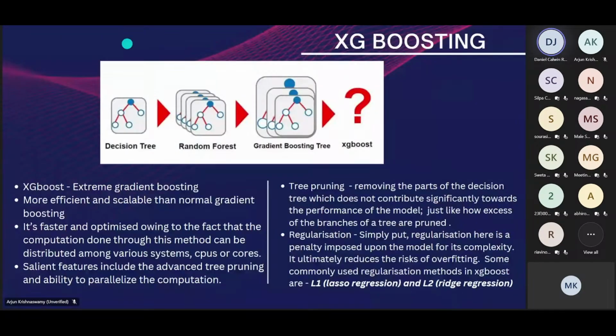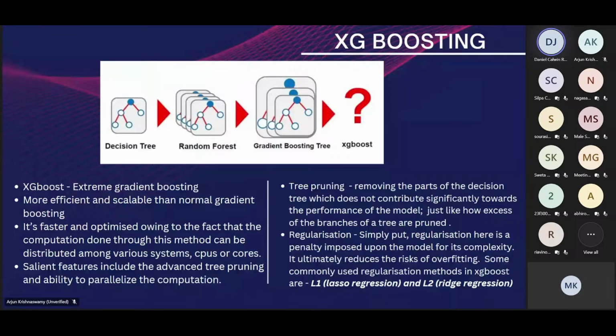Now we'll look at XG boosting. XG boosting is nothing but extreme gradient boosting. It's almost similar to normal gradient boosting, except that we have some extra parameters which help to enhance normal gradient boosting. Extreme gradient boosting is generally more efficient and scalable than normal gradient boosting.